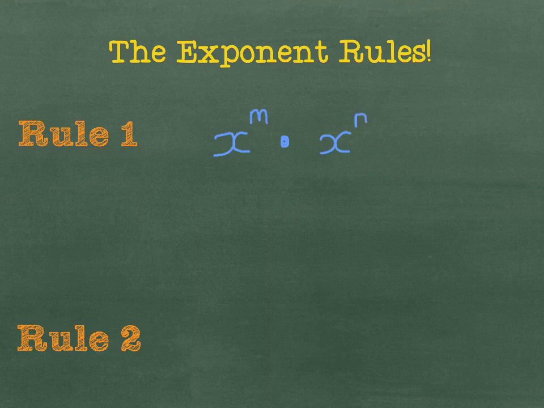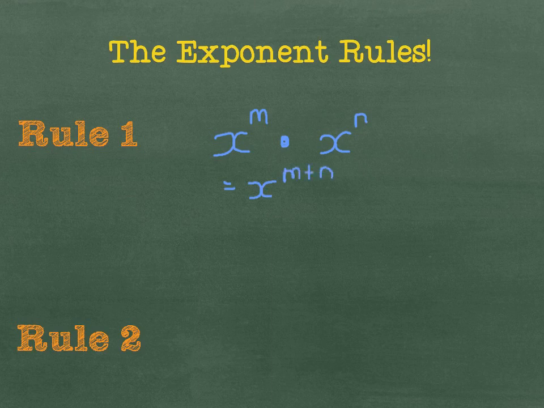The first rule states that if you have two of the same base, so here we have the same base x, and we have the same base x here, when they're being multiplied together, you're supposed to add the exponents. So it becomes x to the m plus n.